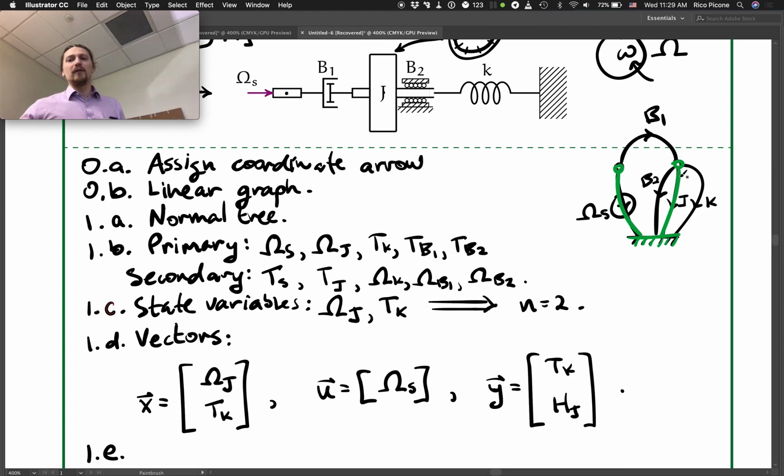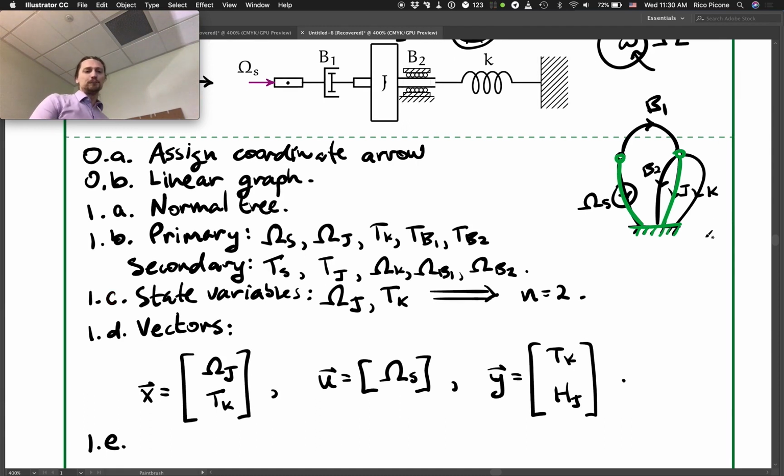So J is the only one, and then the other side is the through variable of T-type energy storage elements that are in the links, not in the normal tree. That's why we get TK, because K is a T-type energy storage element. It's not in the normal tree, and so we take its through variable.